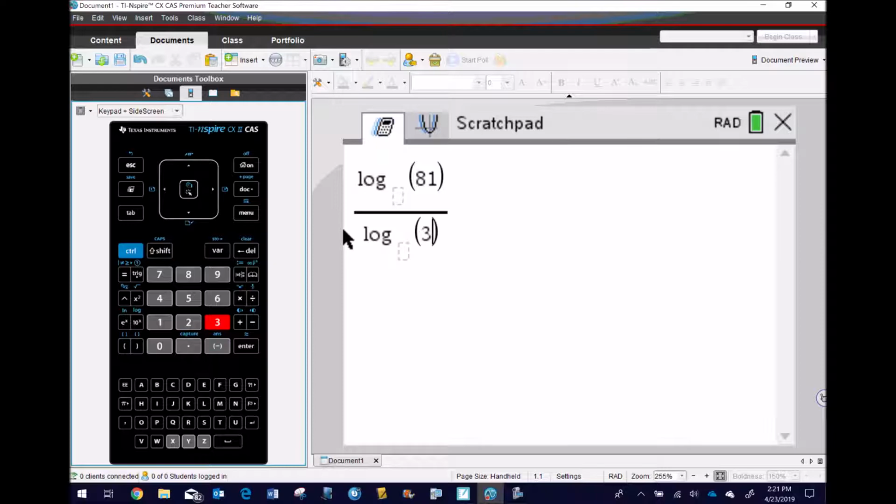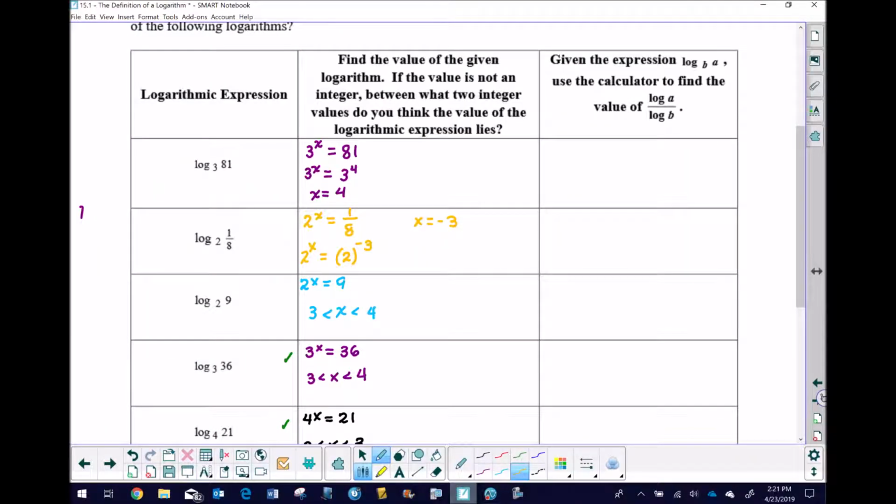Now, I want to make sure that one of these is a decimal. Not that it probably matters in this case, but I'm going to continually make one of them a decimal so that I can spit out a decimal answer if that's what happens. If I hit enter, what do I get? Does that answer look familiar to you? That was the result that we got when we simply solved this logarithm.